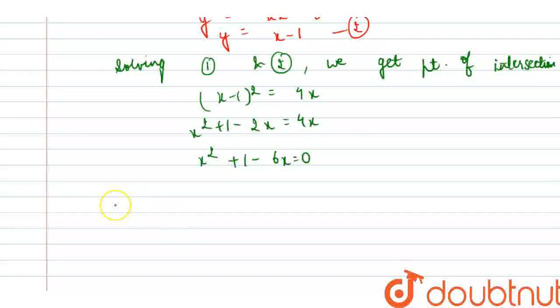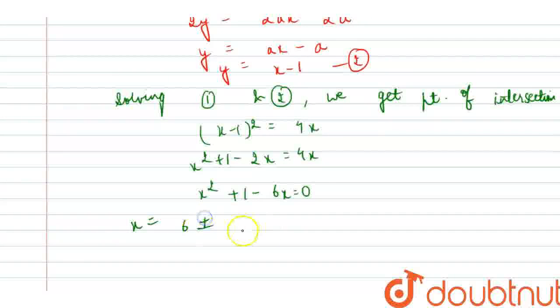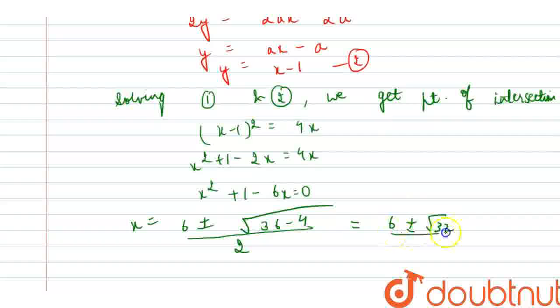Solving it by the quadratic formula, x is equal to 6 plus minus under the root of (6 square, that is 36, minus 4) upon 2, which is equal to 6 plus minus under root of 32 by 2. I can write it as 6 plus minus 4 root 2 by 2, so x is 3 plus minus 2 root 2.